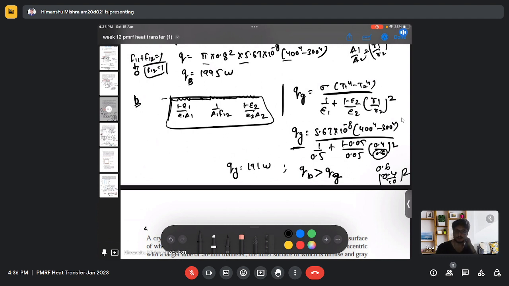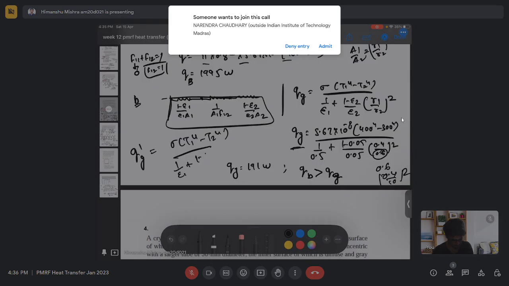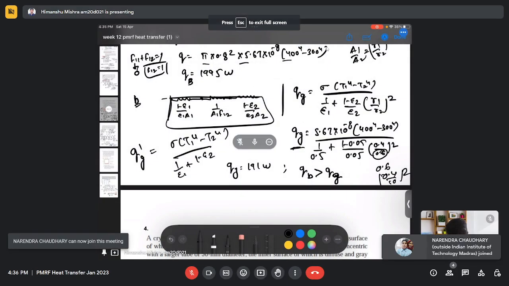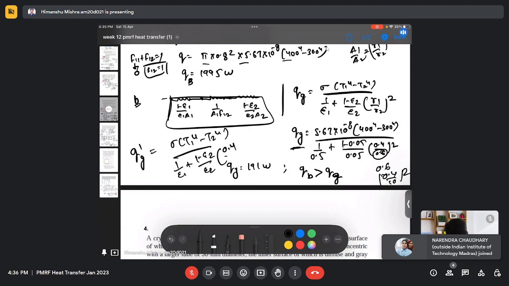You calculate the modified heat transfer, let's say Q dash, with the same temperature of both surfaces and the same emissivity. Only the diameter changes, which is 10 now.